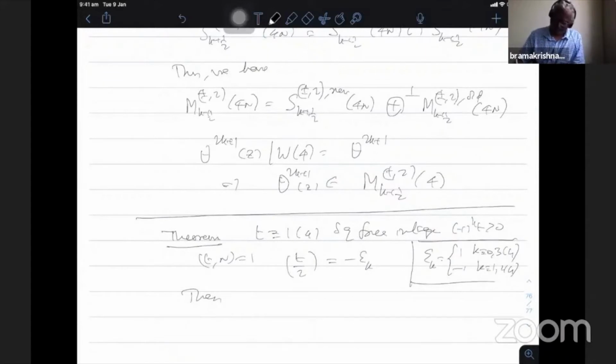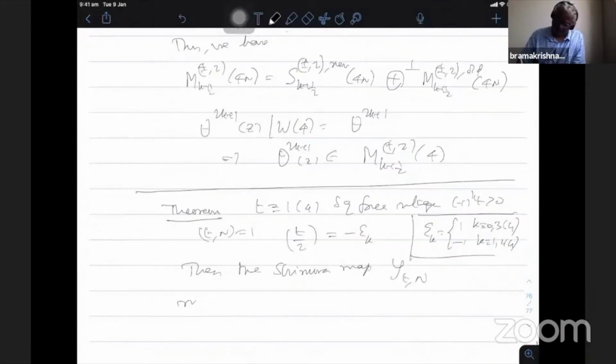Then the Shimura map S_{t,N} maps M_{k+1/2}^{±}(4N), or I think this should be minus or plus, of 4N. So when I take the plus space, I should take (t/2) equal to minus epsilon_k.